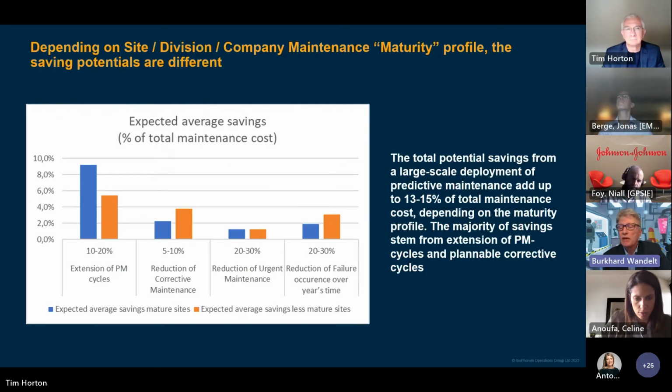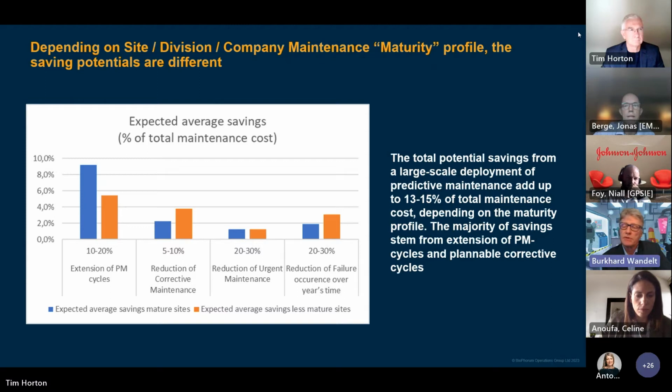We have done simulations knowing where our maintenance costs occur in our type of plants. We have put two types of plants together here. One is a more reliable, newer type of plant. You find it more in the biotech world. You see here the blue bars. They come out of the distribution of preventive maintenance, corrective maintenance, urgent maintenance, and also costs that are due to downtime of equipment that occurs on the customer side, on the production.